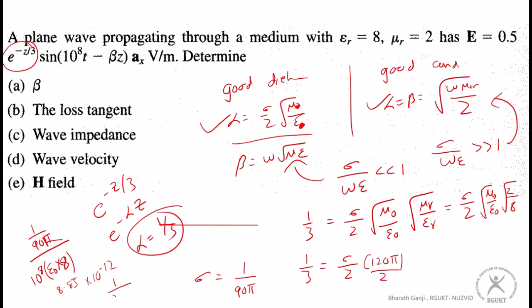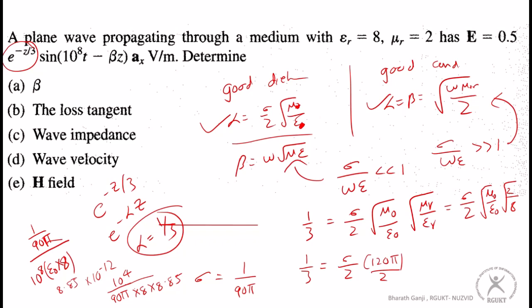So it is like 1 by 90 times pi into 8 into 8.85, with 10 to the power of 4 in the numerator, right? So let me calculate this one.